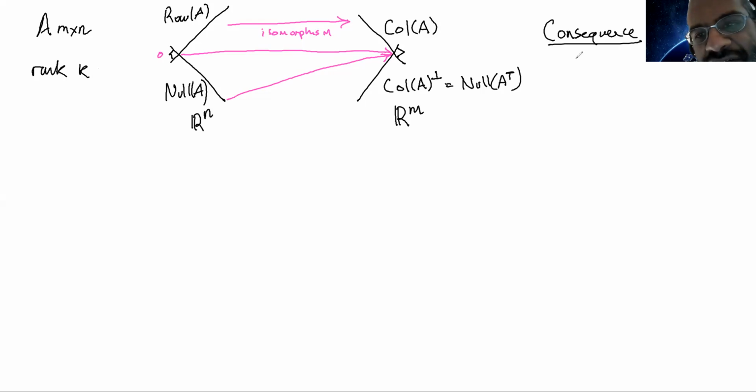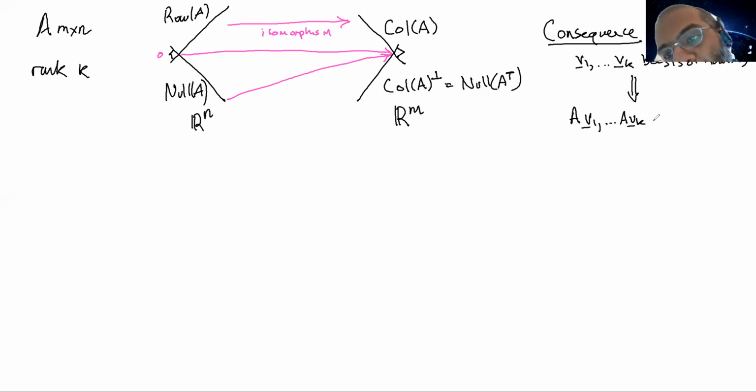You take any basis, let's call it V1 to Vk, and you hit it with A, giving AV1 through AVK. Remember, multiplication by A is an isomorphism on the row space, so AV1 through AVK is also going to be a basis.